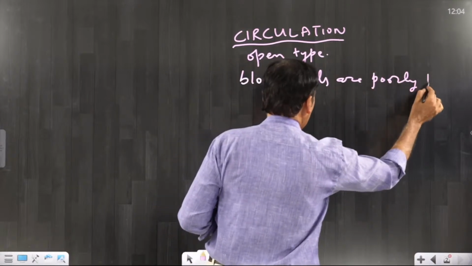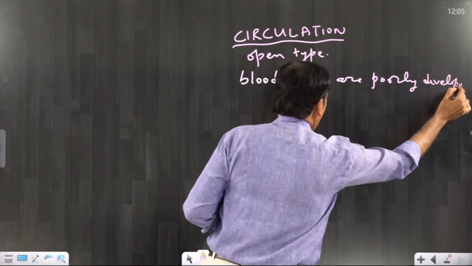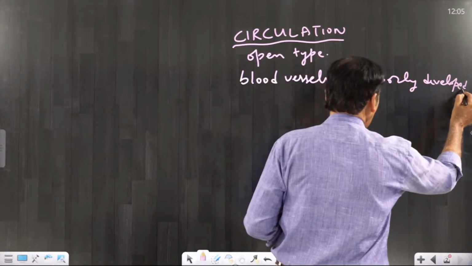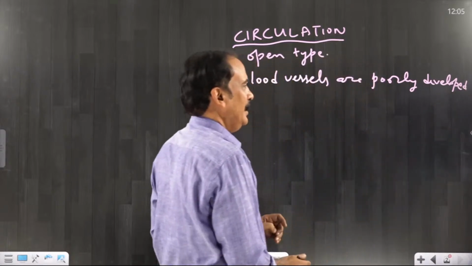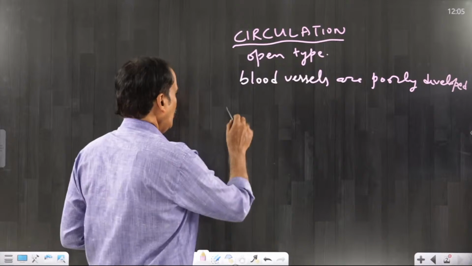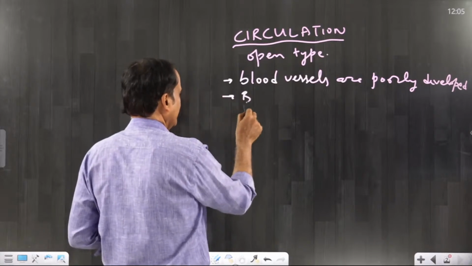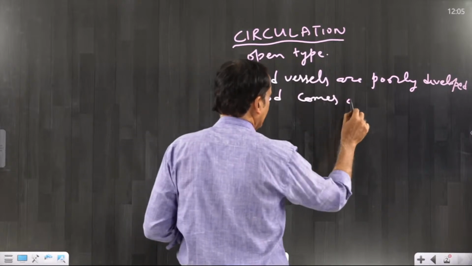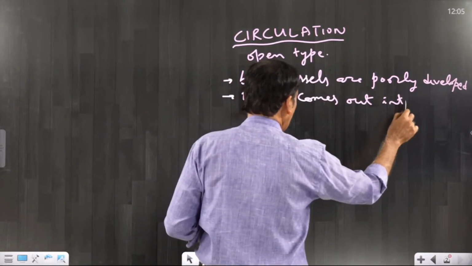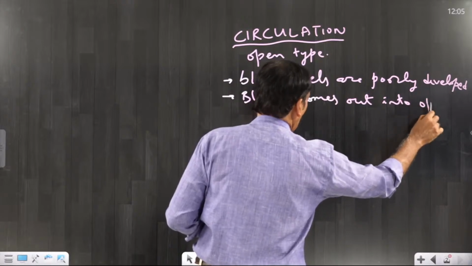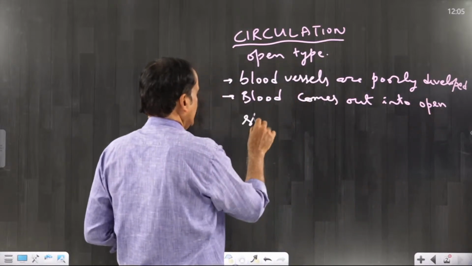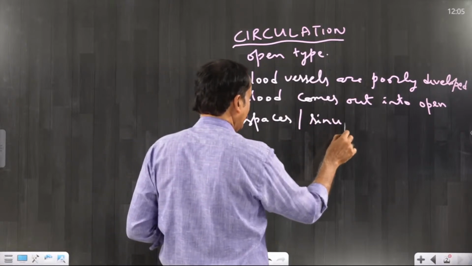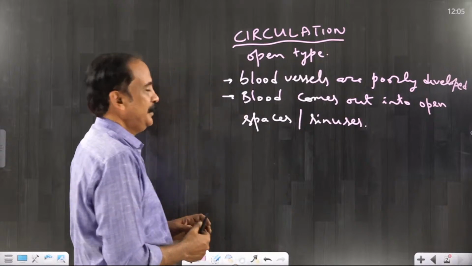Absence of blood vessels is not the definition for open type, right? Blood vessels may be present, but they are not well developed, and blood comes out into open spaces, or we call them sinuses. Then it goes as the open type.